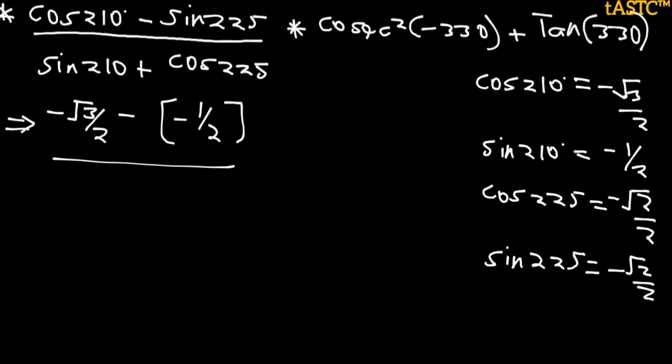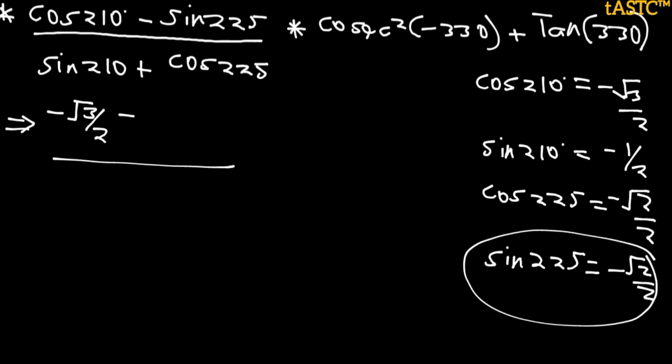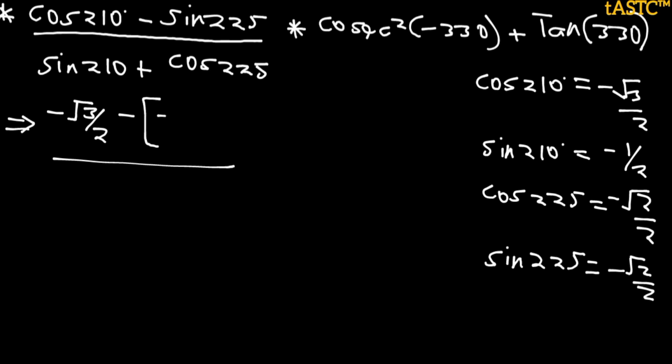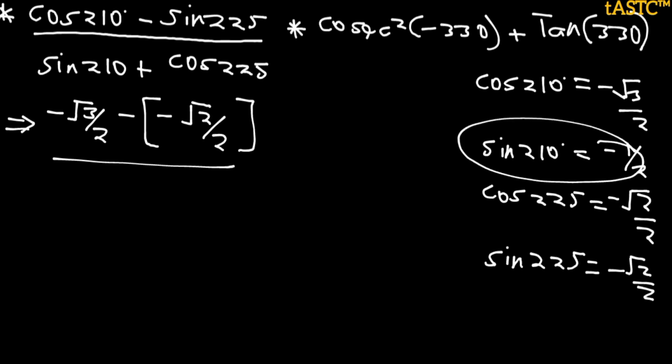So am I making a mistake? Yeah, there is actually a mistake here. I needed to take sine 225, which is this stuff below here. So that will be minus root 2 divided by 2. Now here we have sine 210, which is this stuff. So that is a negative 1 over 2.